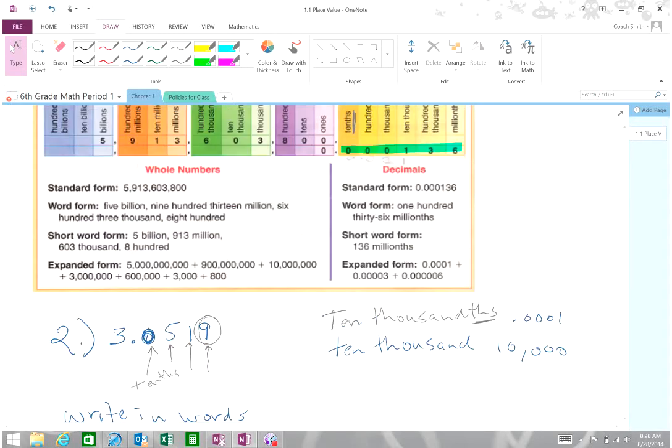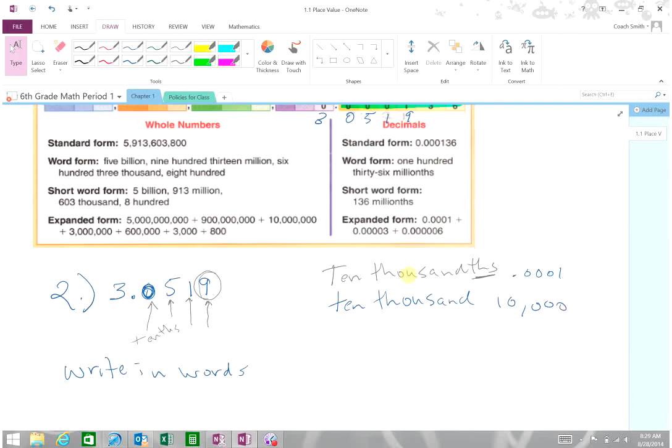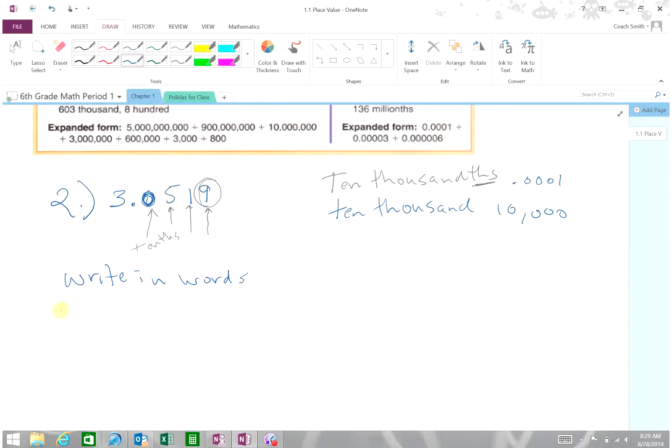Just plug it into this right here, which is the number right before the decimal. So, 3.0519. That tells us then, to write it in words, we say 3.